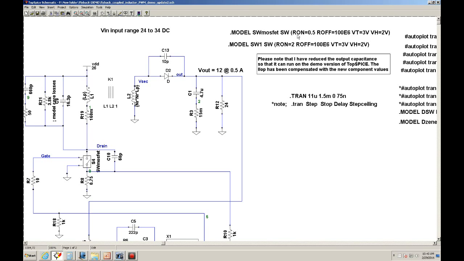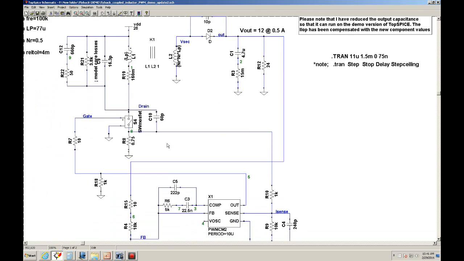Then I define the turn-on resistance, in this case half an ohm, and the off resistance, which is 100 megs. VT is the threshold voltage, and VH is the hysteresis. So with these two, you can calculate the high and low. The high would be 3 plus 2, that would be 5, and the low would be 3 minus 2, which would be 1 volt. So it switches at 5, and it switches at 1.